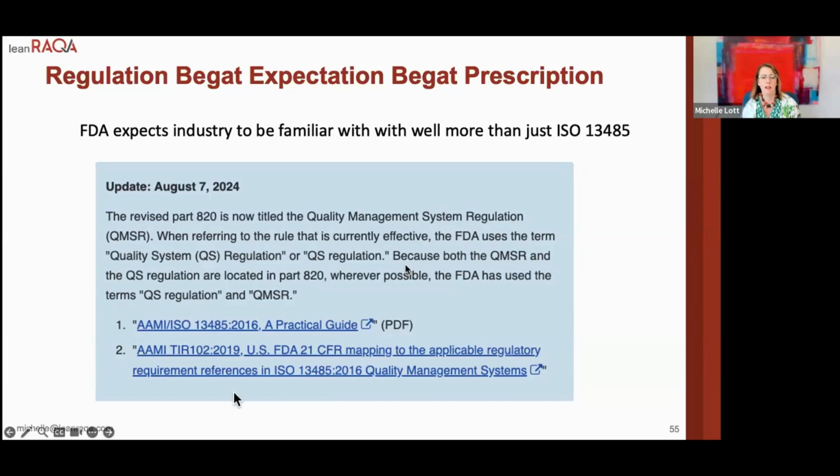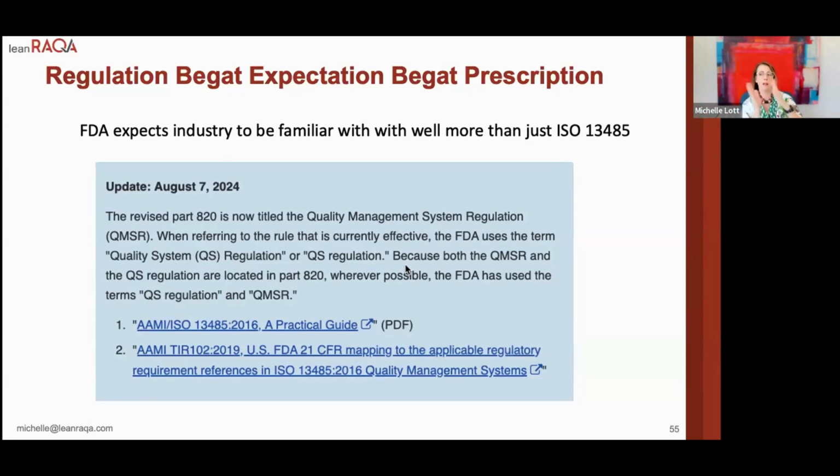And then there are other levels. Amy has 2 or 3 papers out that map the existing 21 CFR 820 to the standard. So make sure you check these out. Somebody had a question about that: how can the FDA require manufacturers to purchase the QMSR's ISO 13485? Well, ISO 13485 is available view-only for free. This is not codified, and because it's not codified, they don't have to say it's a requirement, because it's not a regulation.